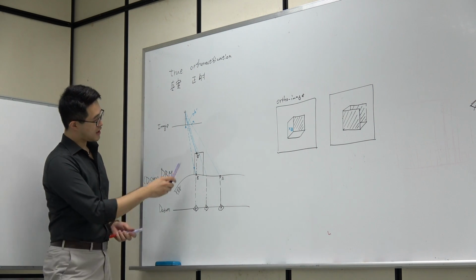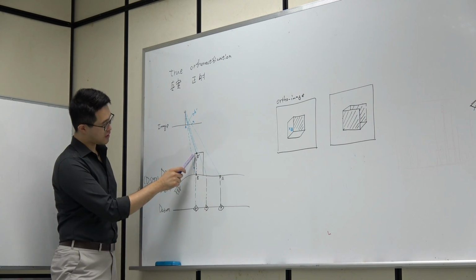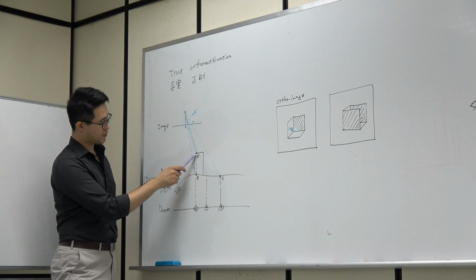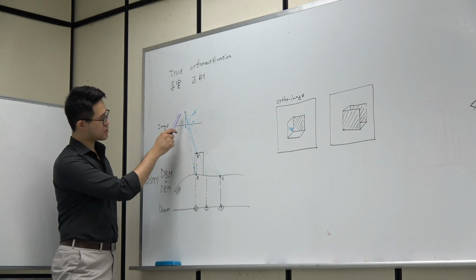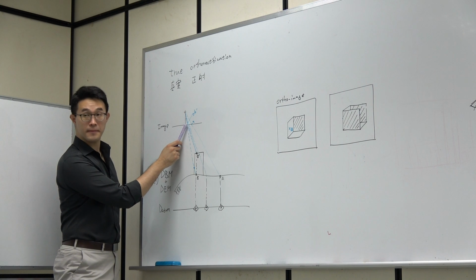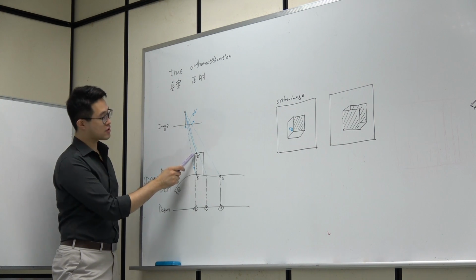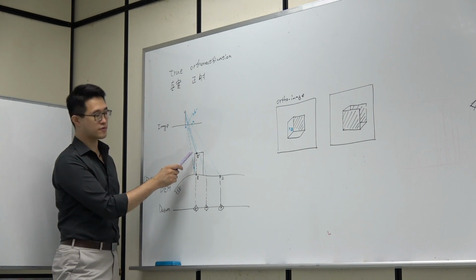And as you can see, after we reproject it to the image, what's the information over here? It should be the information of the rooftop.